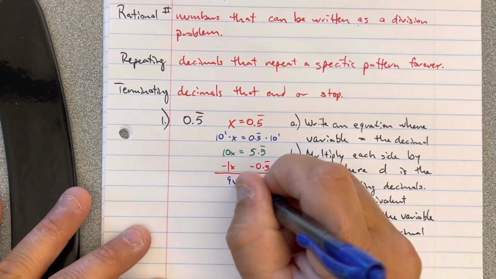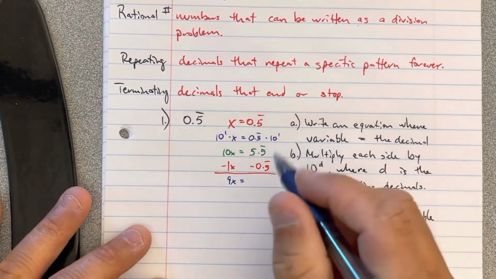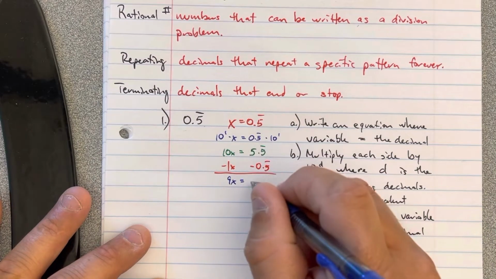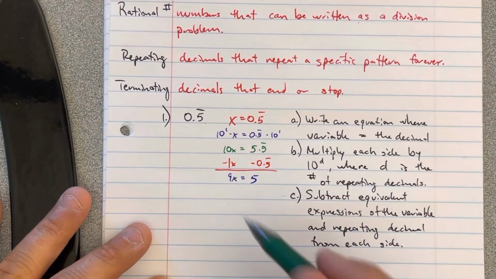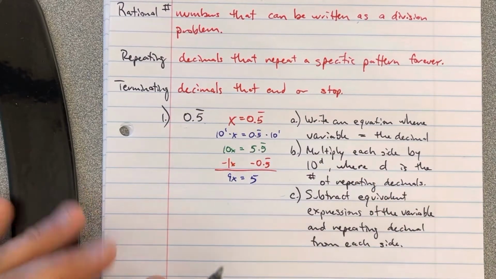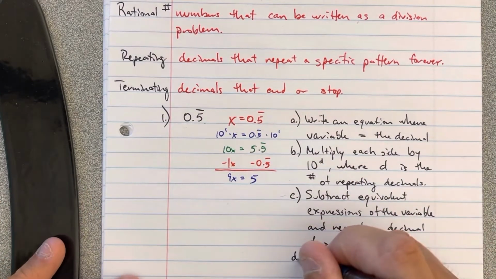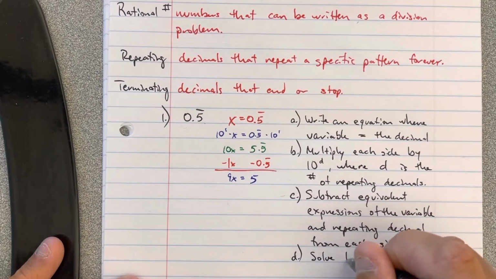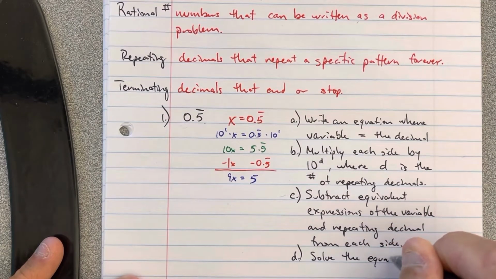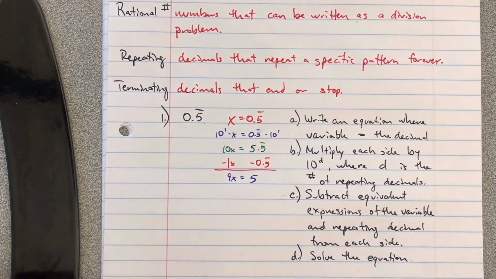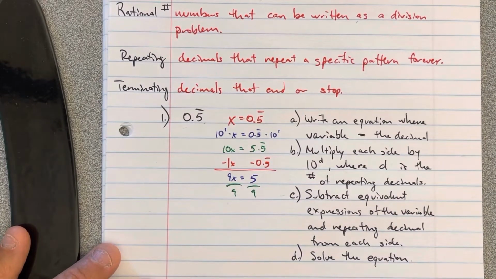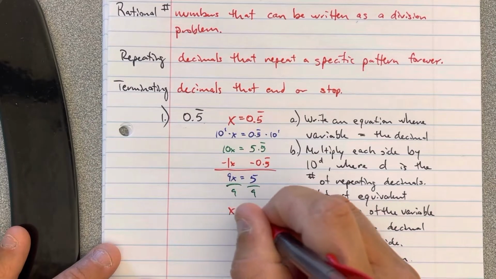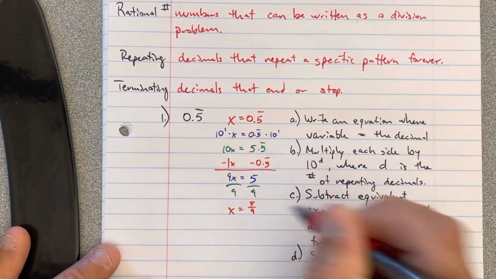That gives me 9x equals, when I subtract those, I'm really only left with 5. So now I'm going to solve the equation. We'll divide by 9 on both sides, and x equals 5/9.